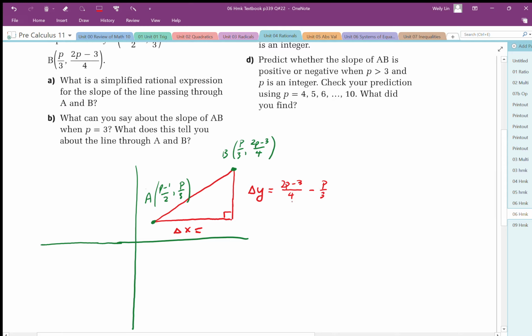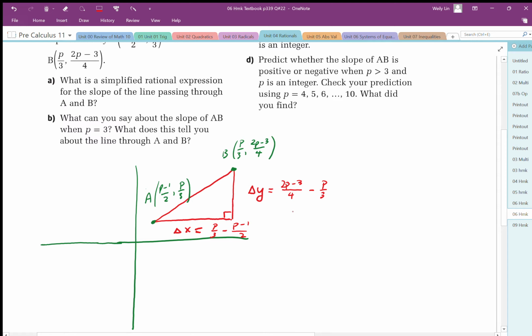And for the change in x, it's just going to be p/3 minus (p minus 1)/2. Make sure that we have it in the right order: it's y2 minus y1, x2 minus x1.